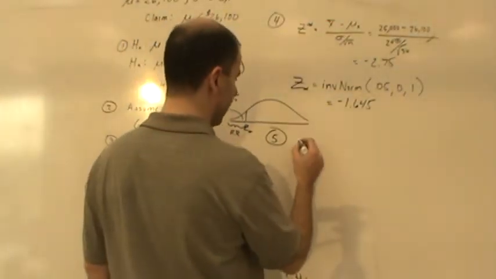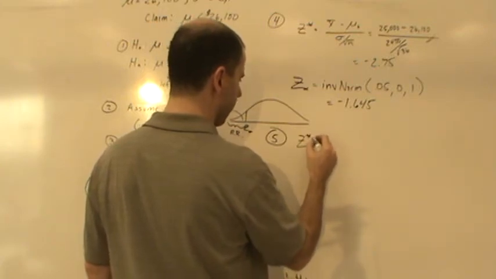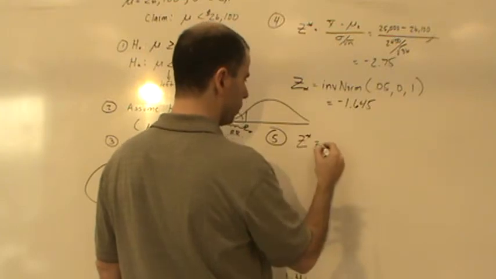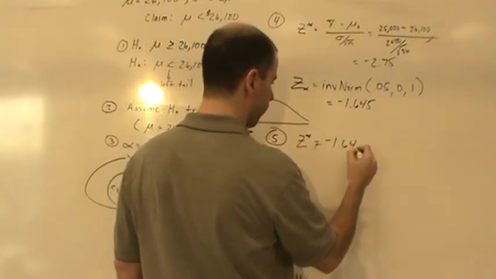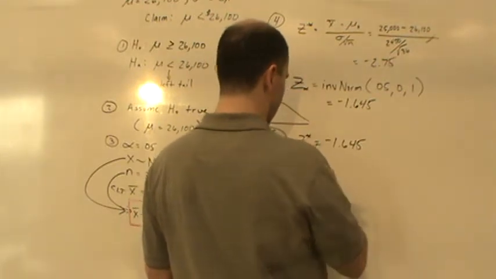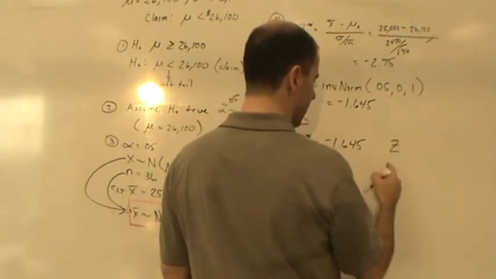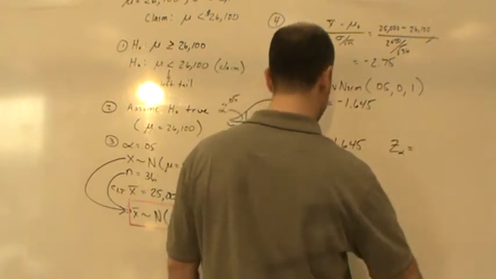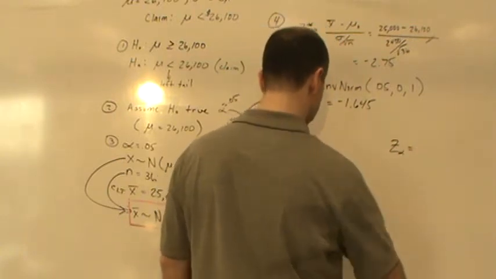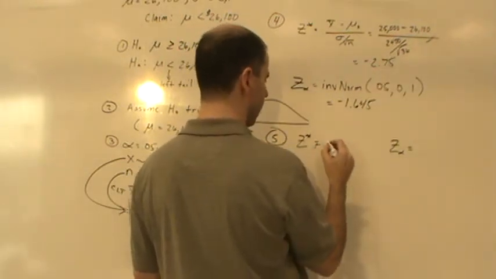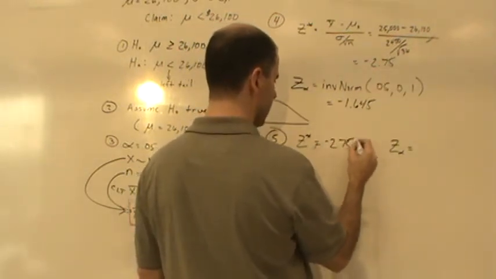So now, if we set it up, our test statistic z star is negative 2.75.